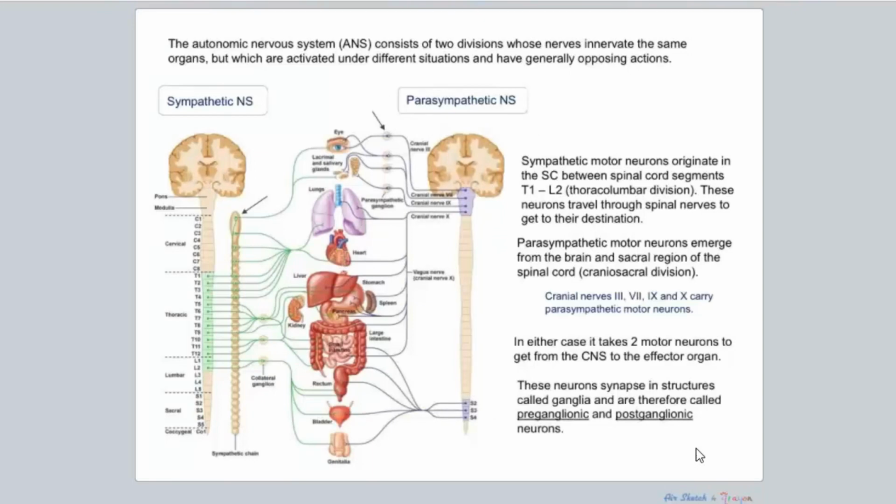Well, these motor neurons are traveling through cranial nerves. And in fact, cranial nerves 3, 7, 9, and 10 all carry parasympathetic motor neurons to get to these effector organs that they want to innervate. And I want to point out, here's cranial nerve 10, the vagus nerve, and you can see that going to all of these visceral organs right here.